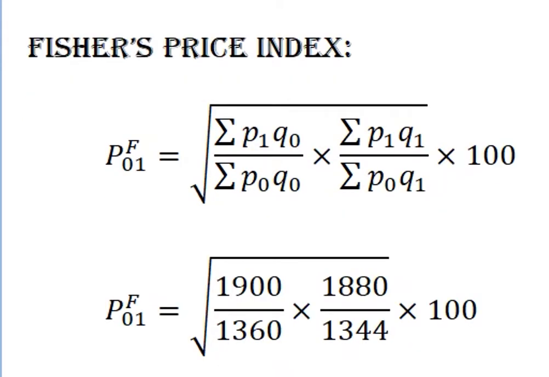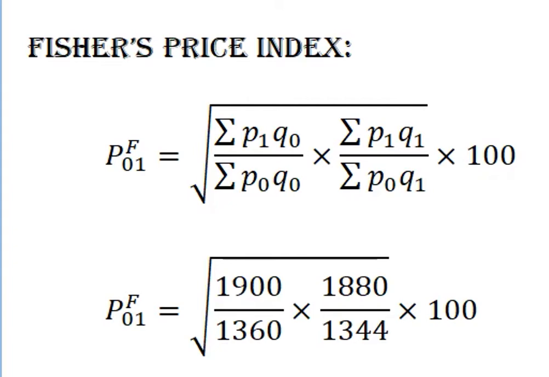So in the next step you just multiply these two values, 1.3971 into 1.3988. So you will get 1.9543.